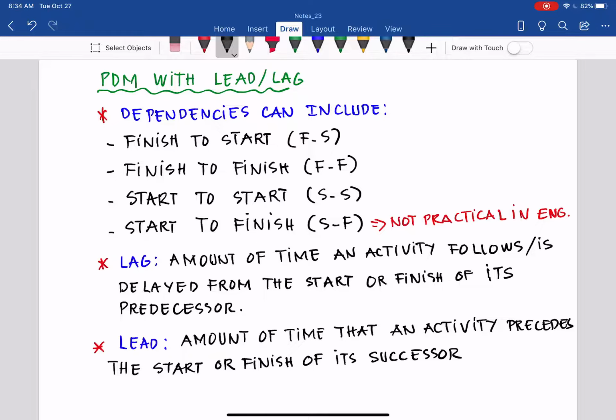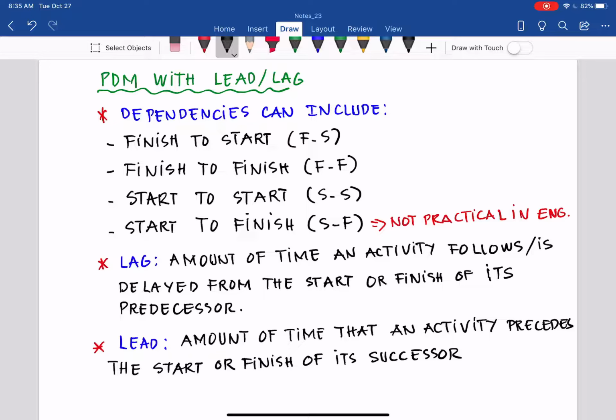But in real life, there are other dependencies between the activities, and actually there are 4 of them that we can have. Finish to start, that's something that we already focused on, and it stands for FS. Finish to finish, it stands for FF.